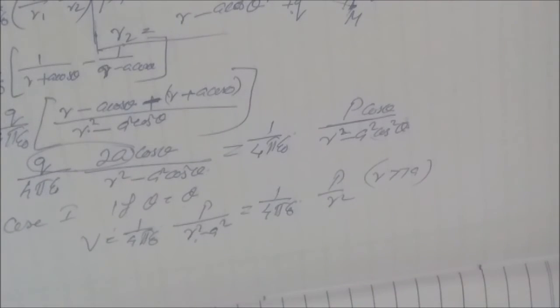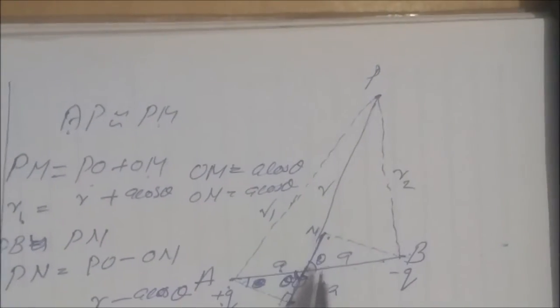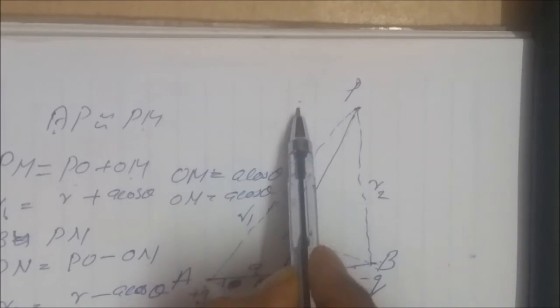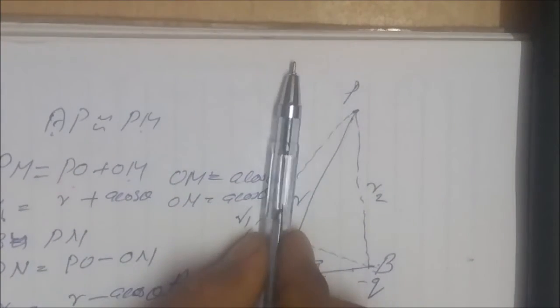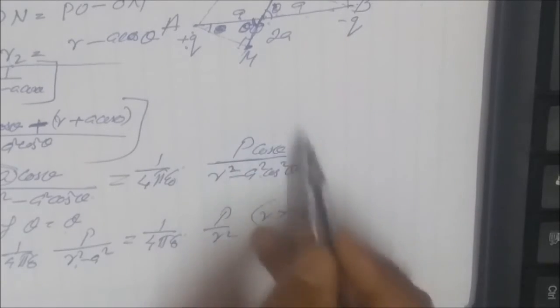And suppose they are perpendicular to each other, that is, this angle became 90, so this point P is somewhere here like this. We know that cos 90 is equal to 0, so this entire term became 0.